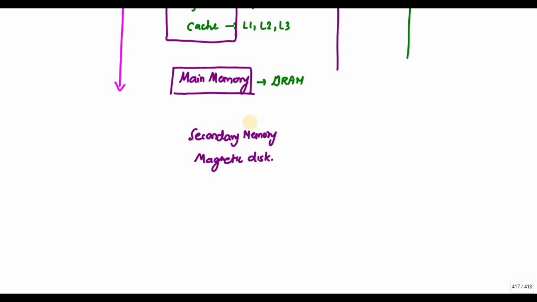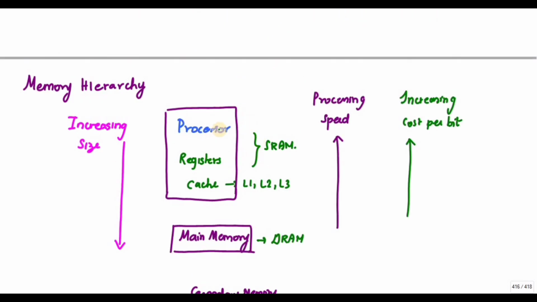So this is called the processor cache. Here L1 represents the primary cache, and L2 is between the primary cache and the main memory cache.